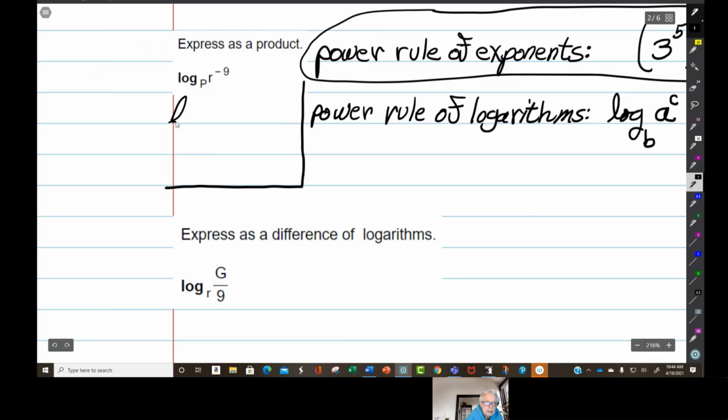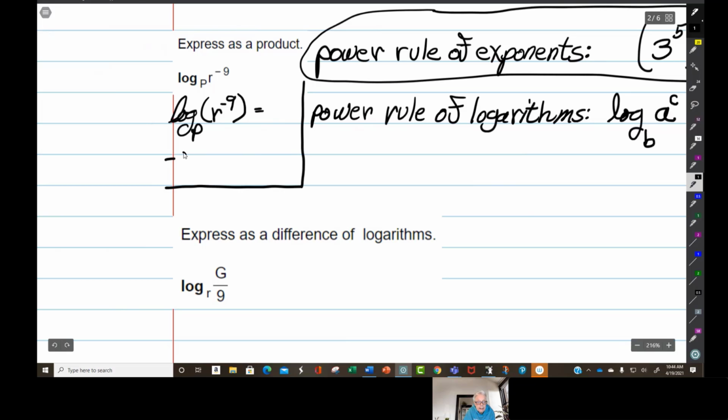This is log base P of R raised to the -9th power. I'm going to use the power rule of logarithms to bring that power, -9, down in front.